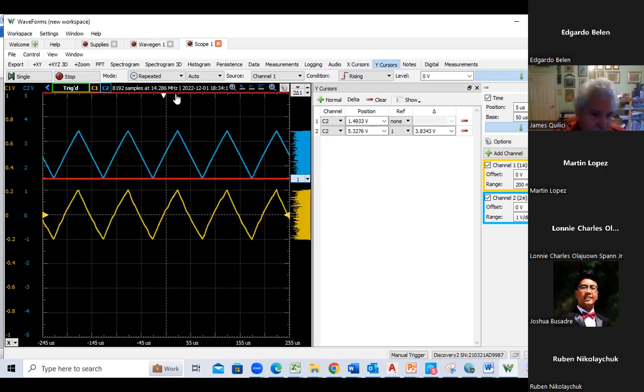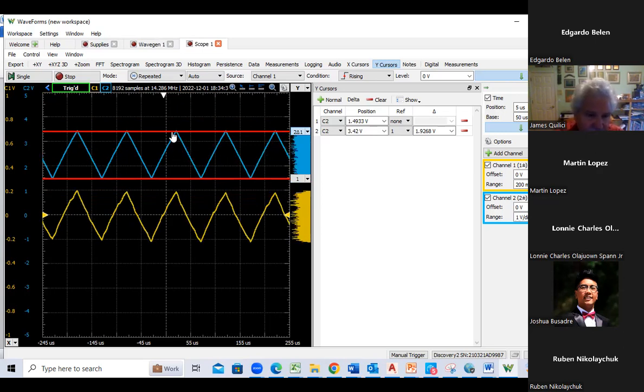I'm still kind of confused why the scale doesn't agree with the WaveGen. But essentially I've got a gain of 19 divided by 10, 19.2. So it's a little bit over 9.5.